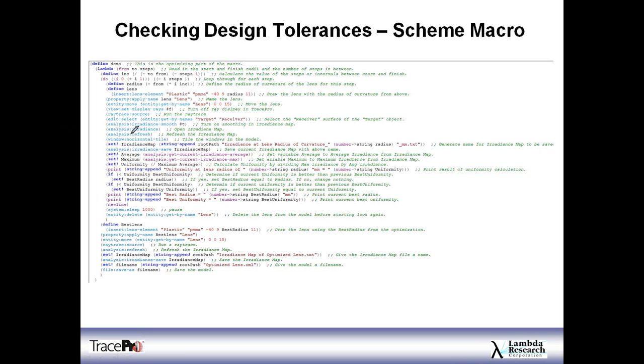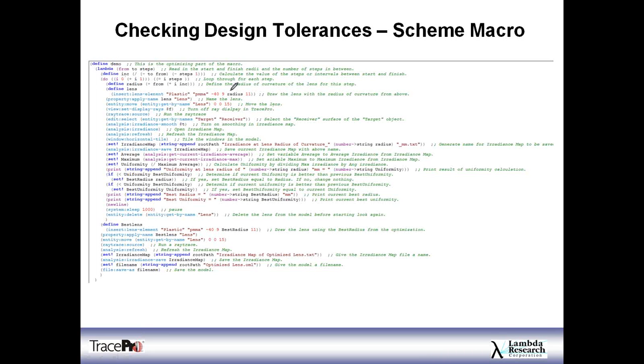This macro actually has a lot of extra parts in it because the original design goal was to figure out what curvature gave the best uniformity. So there are some extra steps in here. But basically, it allows the user to input a starting and ending point and a number of steps. In this case I went from 11 to 12 millimeters, and I did 11 steps, so it gave me results every tenth of a millimeter.